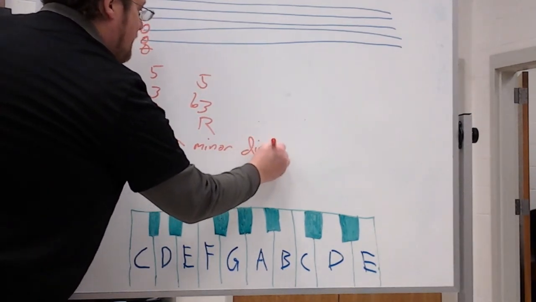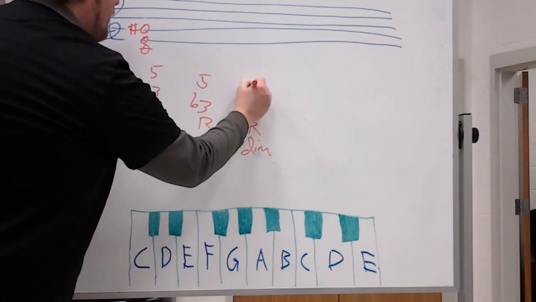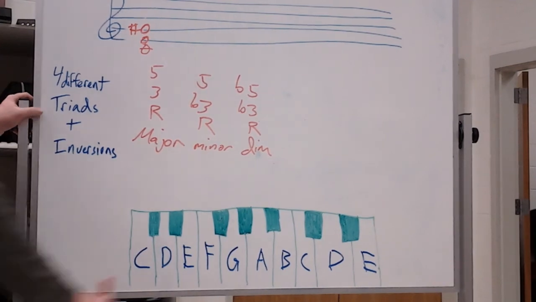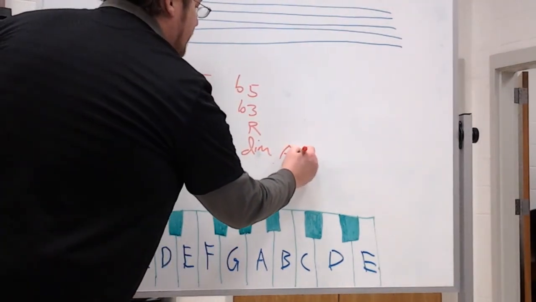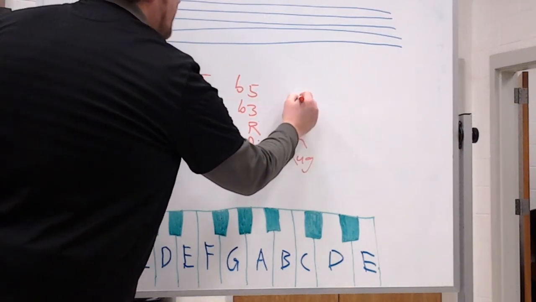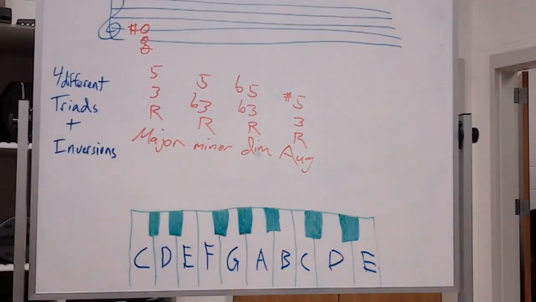Diminished, which is a root, a minor third, flat 3, and a diminished fifth, so a flat 5, and augmented, which is a root, a major third, and a sharp 5. 4 different flavors of triads.